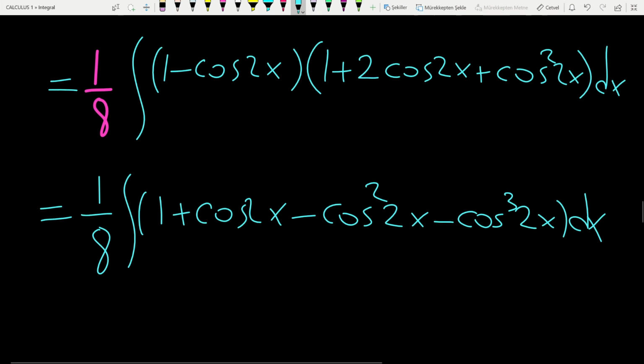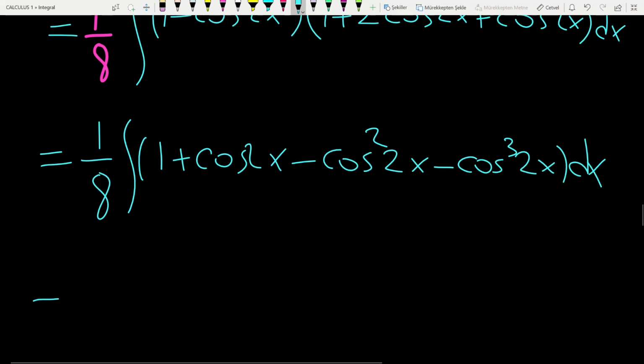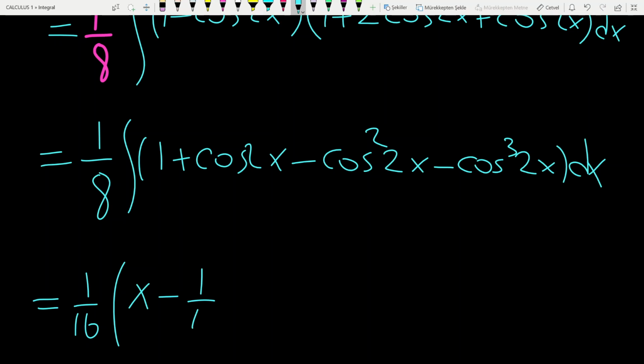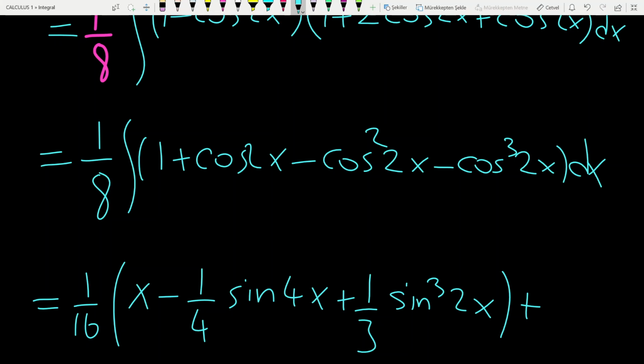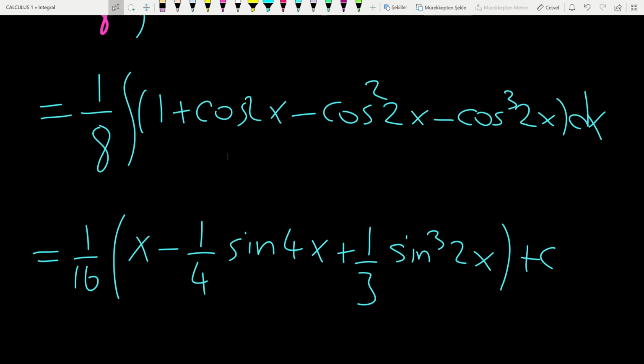And if you integrate this function, you get 1 over 16 times the parentheses of x minus 1 over 4 sine 4x plus 1 over 3 sine cubed 2x and a constant c. I don't want to go into details of the last step. Please be careful how to integrate cosine squared 2x and cosine cubed 2x.